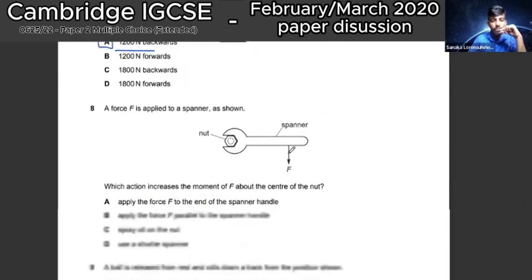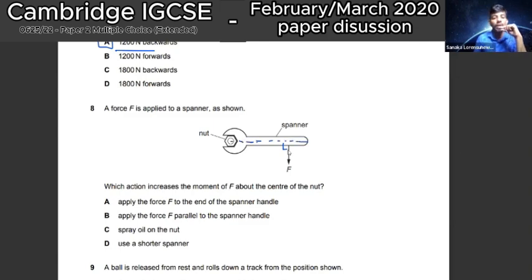Then 8. A force F is applied to a spinner as shown. Right. The one force is applying to the spinner like this. Perpendicular to the spinner. This line. Okay.